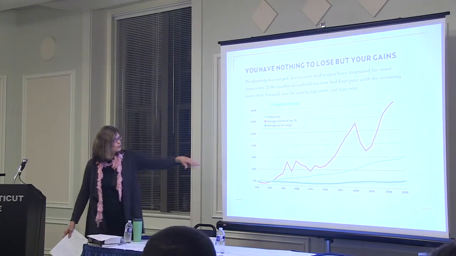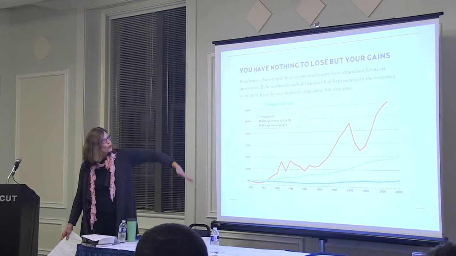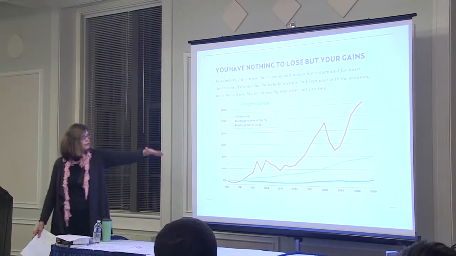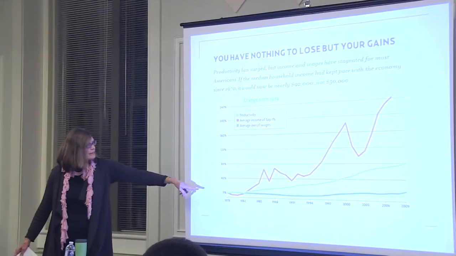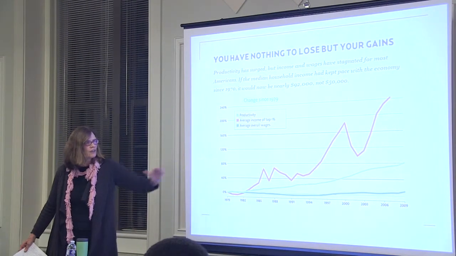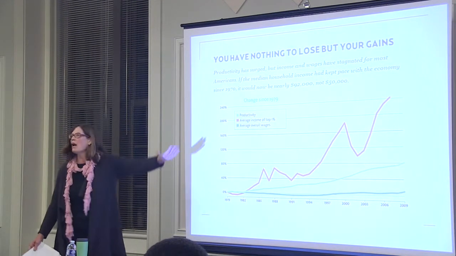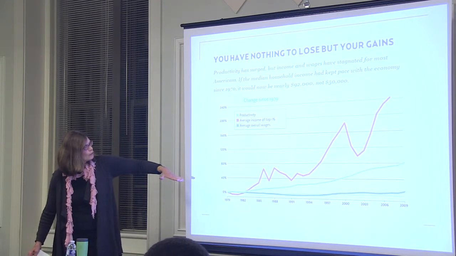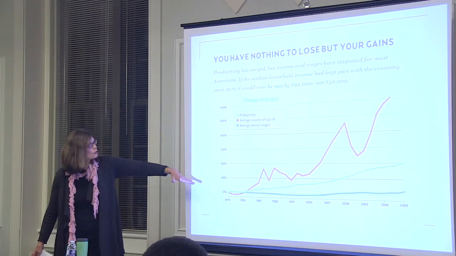This chart shows you the growth in the overall income in the United States, so the growth in GDP, really, from 1979, which is the green line. So that's how much the pie has been growing. And it shows that the pie has grown in the last 30 years by 80%.